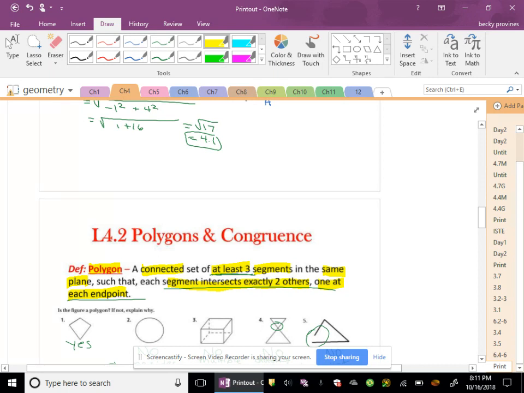So we're going to go through and decide if they are polygons or not, and if they're not, we're going to say what's wrong with them. As you can see, this very first one is a polygon. This is a kite. It works.